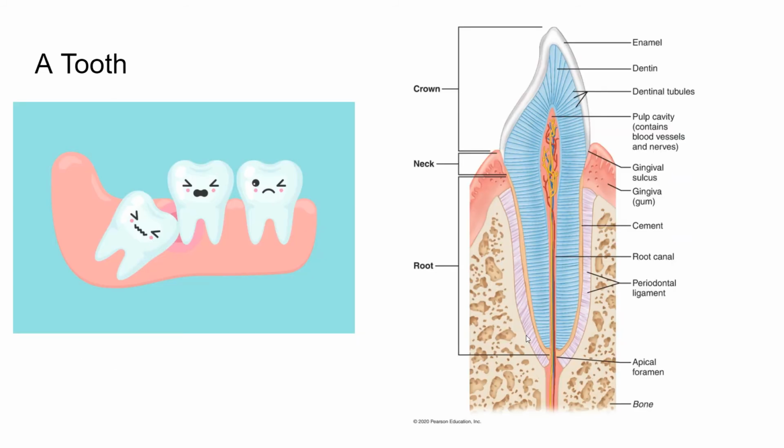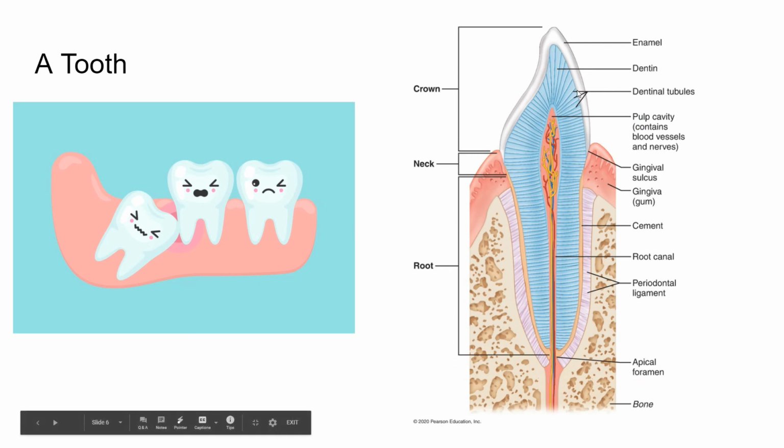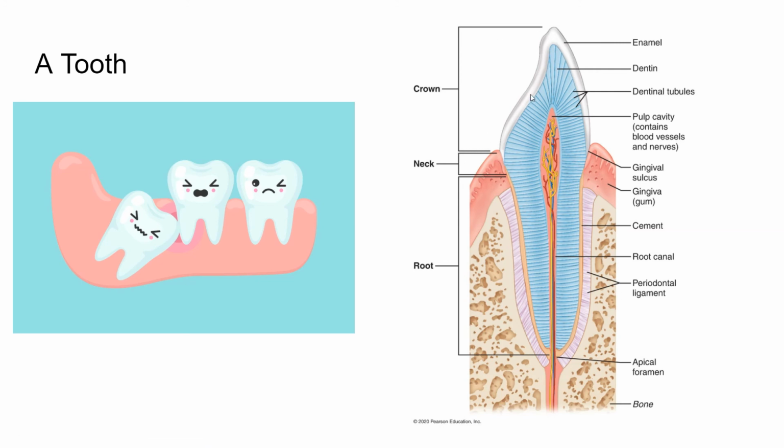A little bit more about tooth structure for an individual tooth. You have the crown of the tooth here, and the crown is the part of the tooth that you see. It is covered by a substance called enamel, which is the hardest substance in the body, and it's heavily mineralized with calcium salts and other kinds of things.